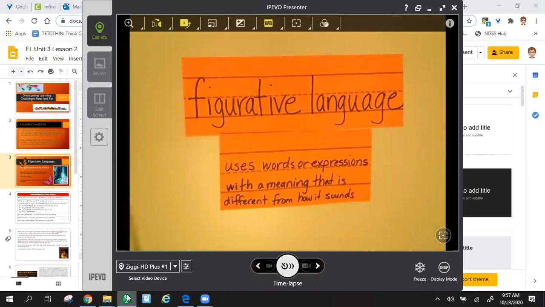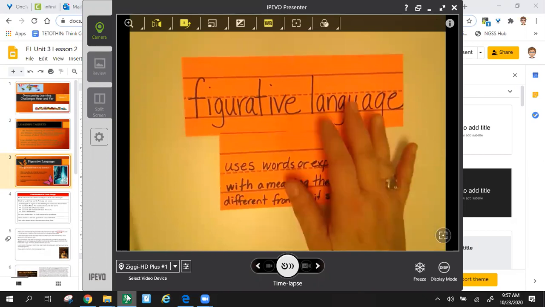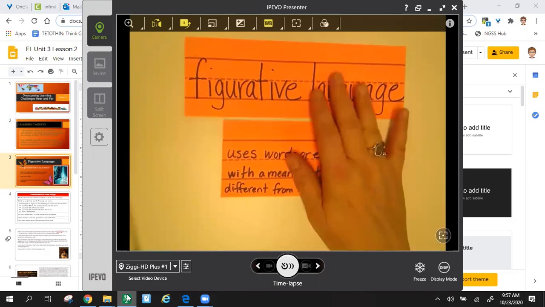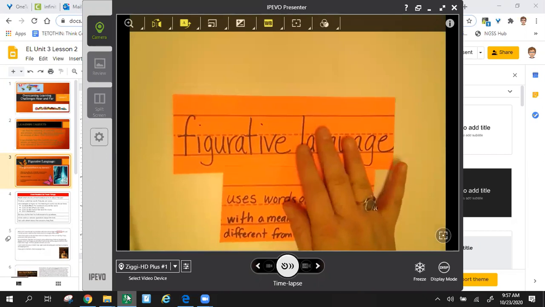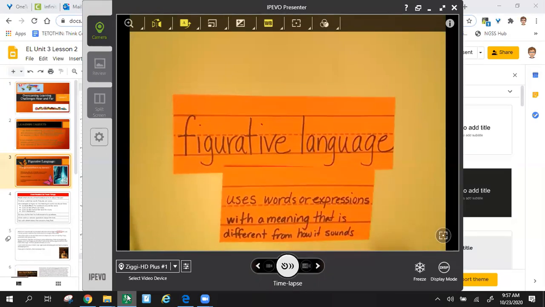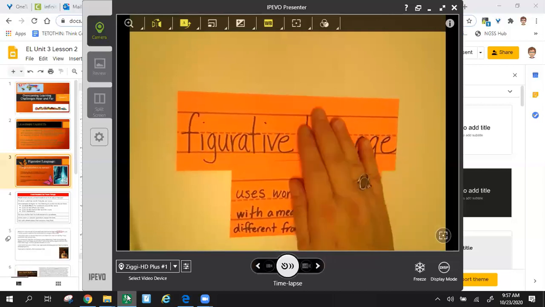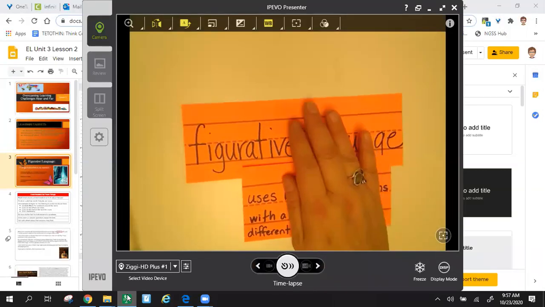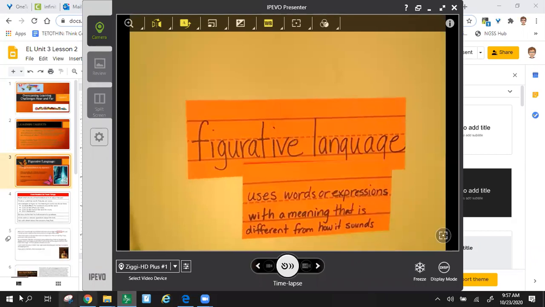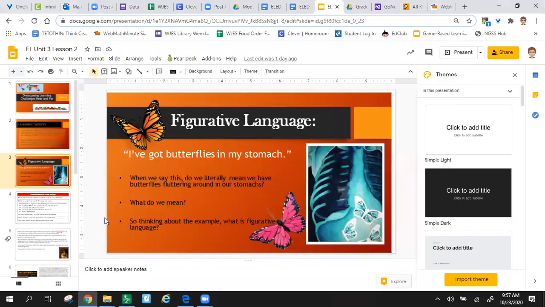Your tummy might not be upset, but it might just not be the usual one because you're having extra feelings about something in particular. So today we're going to look at a lot of figurative language that the author, Marie Brady, has used in this story. And so we're going to do some close reading.